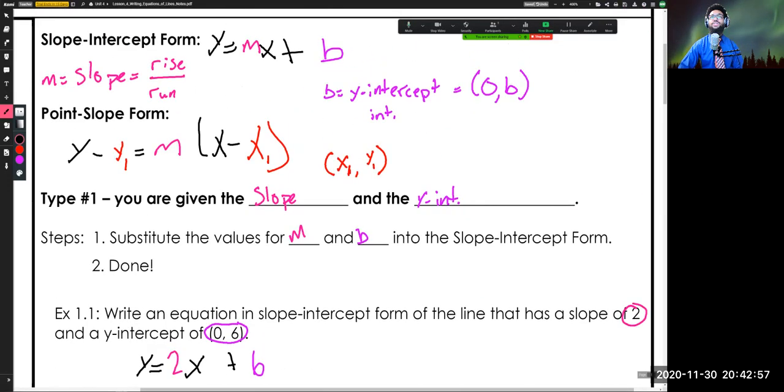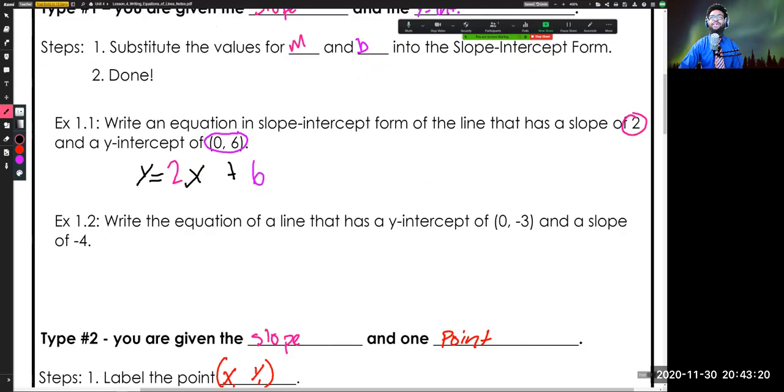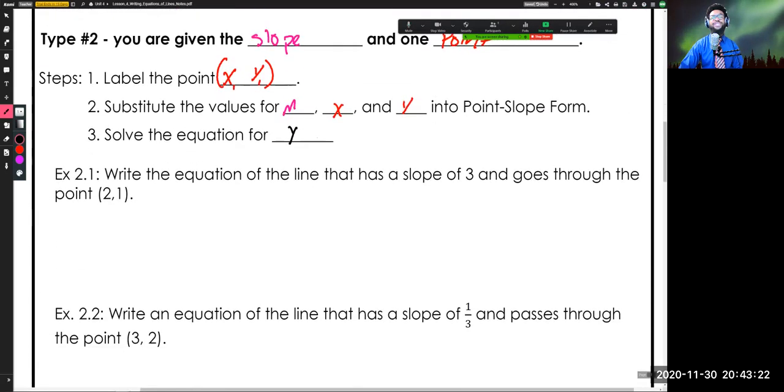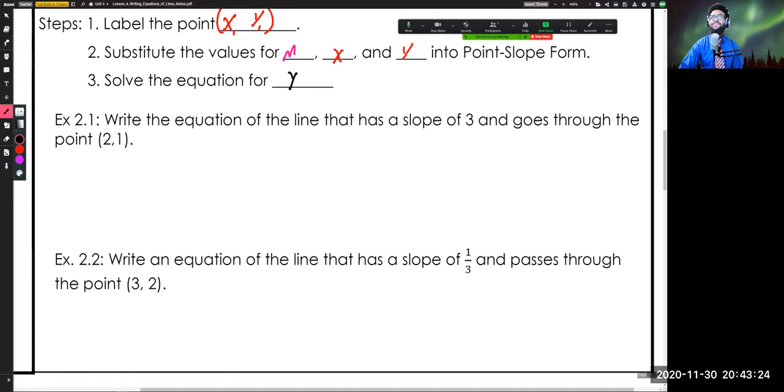Our point slope, this equation here, y minus y1 equals m times x minus x1. We have our slope outlined in a color, and then we have our point outlined in color. That's where this comes from, all right? And that x1 just means the first x, the y1 just means the first y.